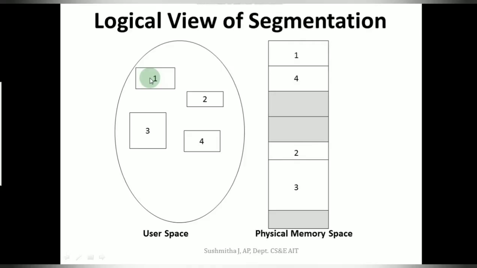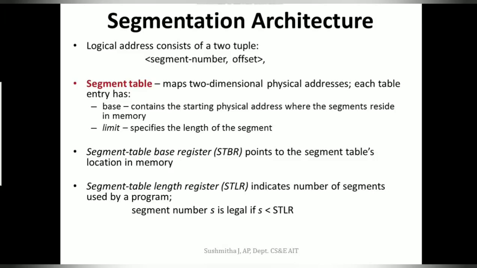If there are segments 1, 2, 3, 4 in the logical address, they need to be mapped to the physical address. Previously in paging, this mapping was done by the page table. Here we have something called the segment table that helps us map the logical address to the physical address.